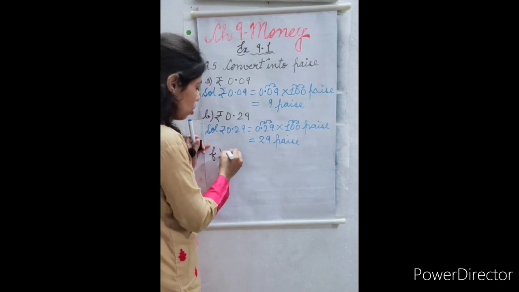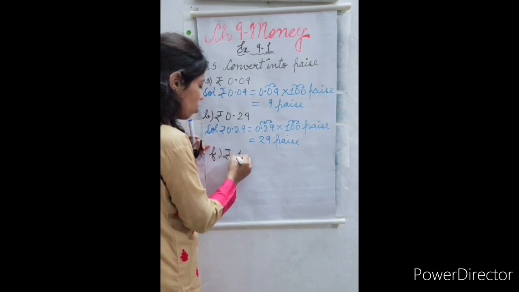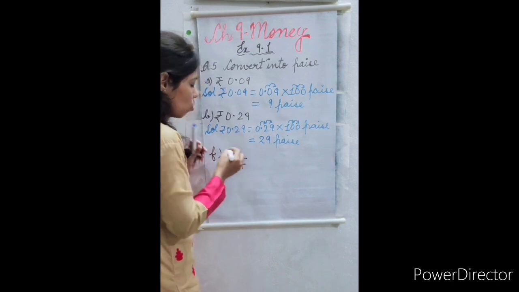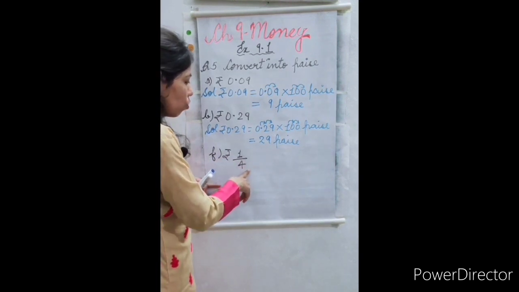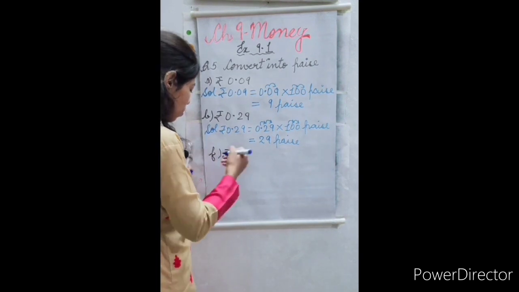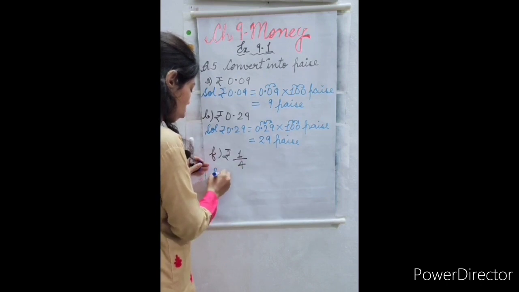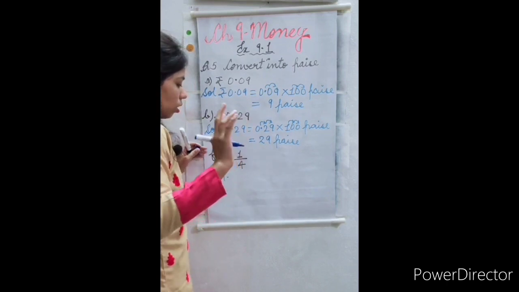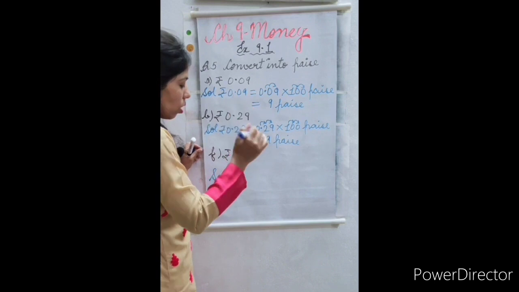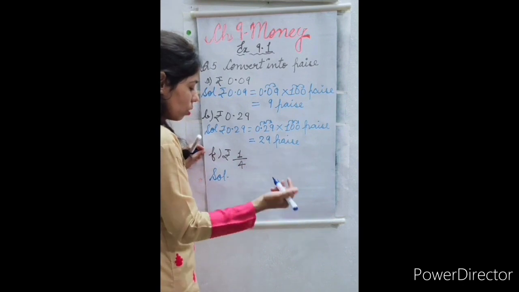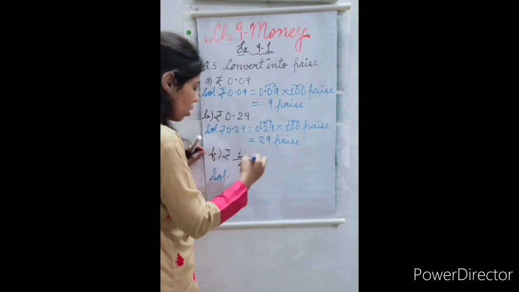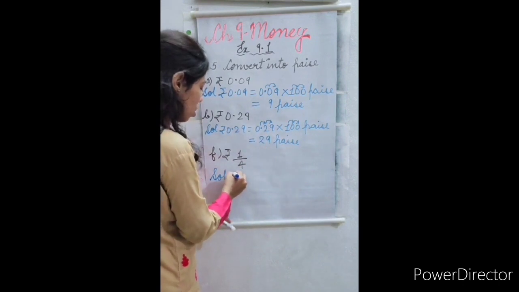Part F is rupees 1 by 4. Here we have to convert this 1 by 4 into paise. Let's solve. There are two ways to do it. First, you just divide this 1 by 4, you will get a number in decimal, and after that multiply it by 100.